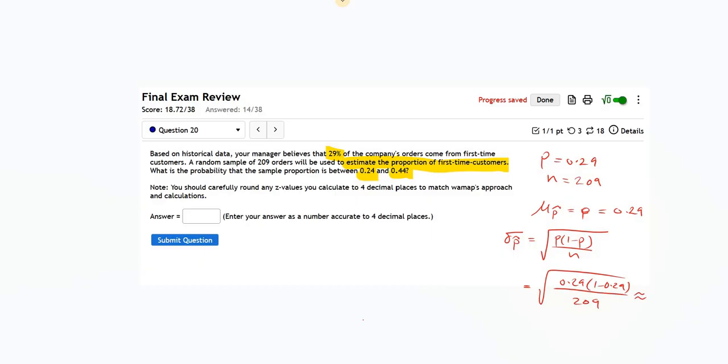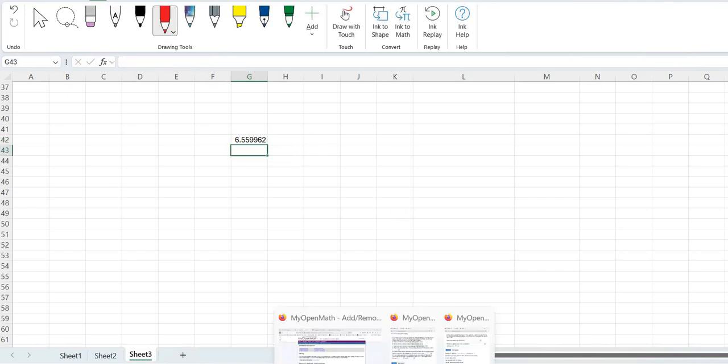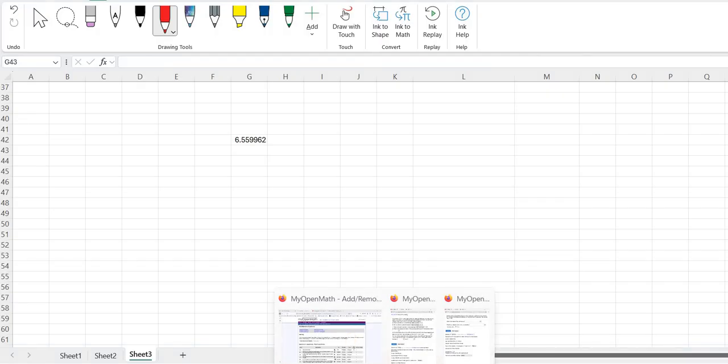It's going to be approximately, I will compute it on Excel. So this is equal to the square root of 0.29 times open parentheses 1 minus 0.29 divided by 209. That is the standard error.